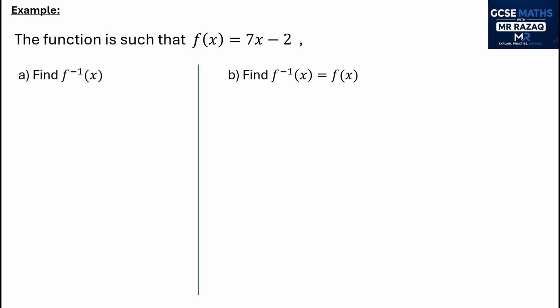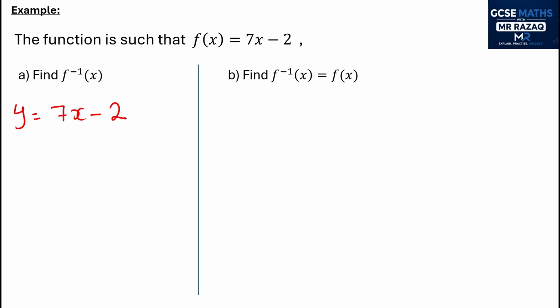Now in this example, we've got a function such that f of x is equal to 7x minus 2. And we have been asked to work out the inverse function in part A. So let's work out the inverse function. I'm going to rewrite all of this, but I'm going to say y is equal to 7x minus 2.